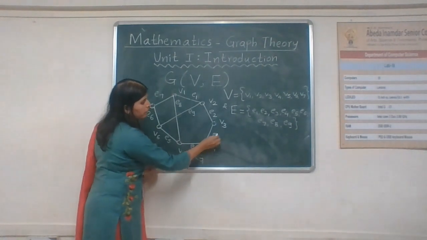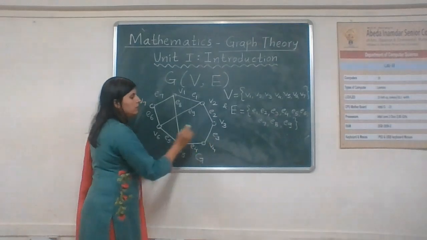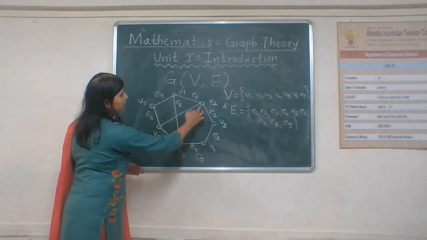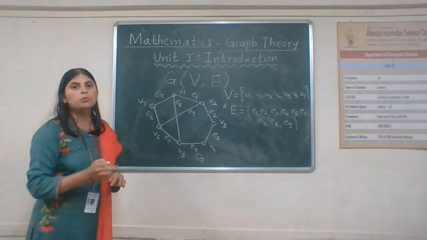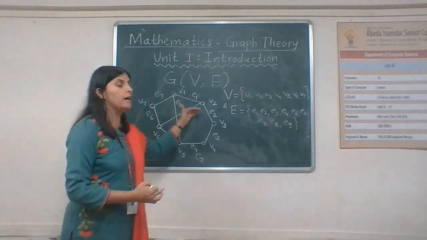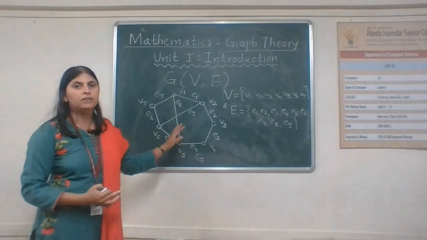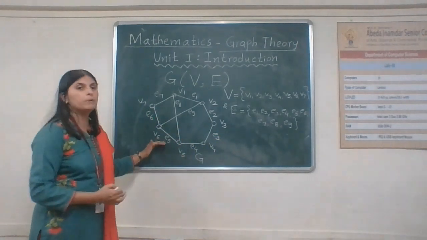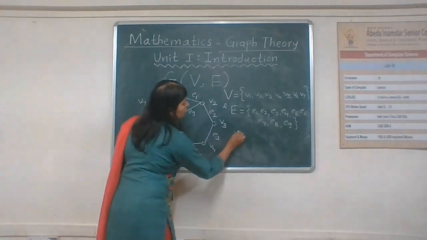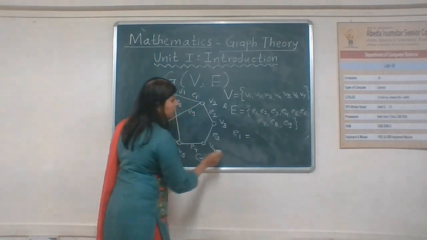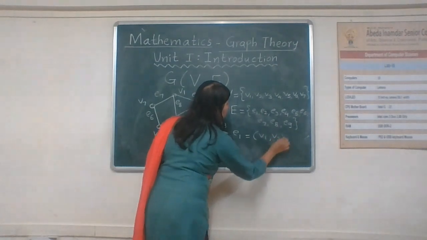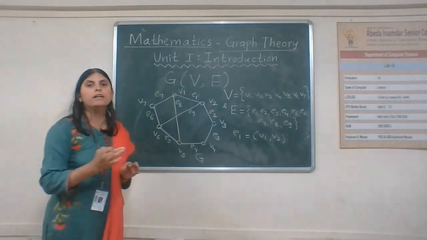In the same way, E3 joins or connects V3 and V4, so for E3 the end vertices are V3 and V4. In the same way for E9, the end vertices are V2 and V6. Now see, here I have not given directions to any of the edges. So this graph is nothing but an undirected graph. If I want to write the edge E1, I can write it as the unordered pair V1, V2 by specifying its end vertices.